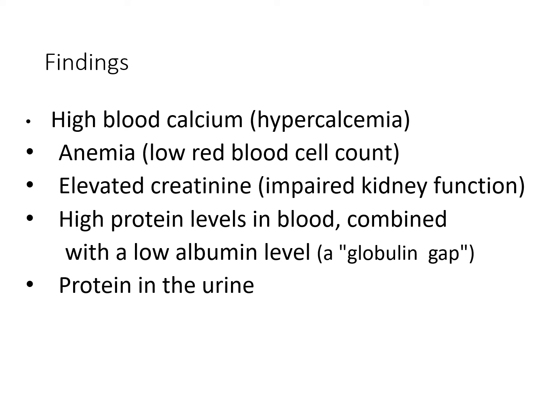And the other unique feature for multiple myeloma is what is known as a globulin gap. What you're going to find is high protein levels in the blood combined with a low albumin level. Ordinarily, albumin is the majority of the total serum protein. We do want some protein in the serum because it has that oncotic pressure, right?